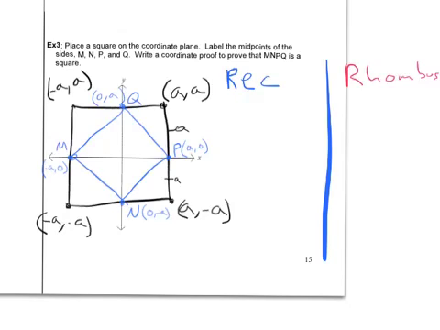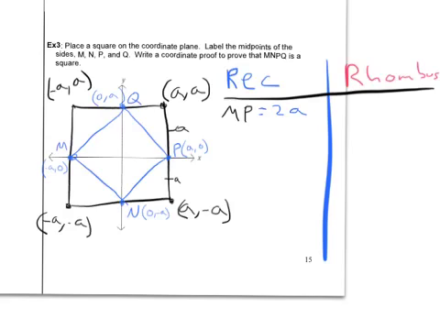The way we check to see if something is a rectangle is we prove that the diagonals are congruent. Well, in this shape, we have diagonals MP and QN. So let's find the distance of each of those. MP: if this is at negative A, 0 and this is at A, 0, that means that this is a distance of A and this is a distance of A. So this total distance is 2A.